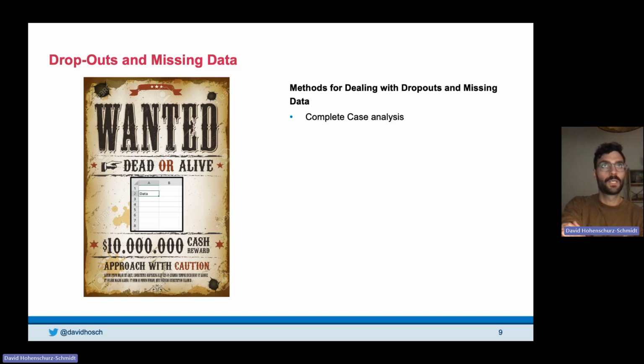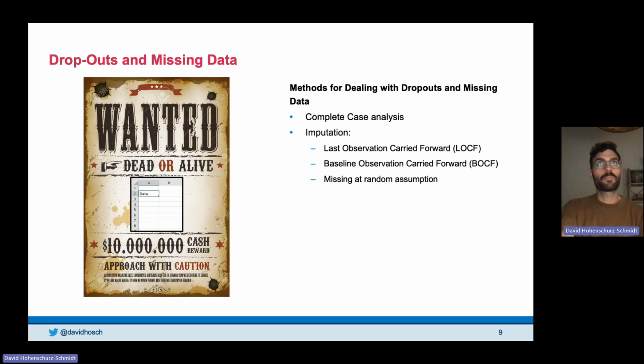There are imputation methods. That means you're replacing the data that you've lost with something else. There are different ways of doing that. There's last observation carried forward. So the last data point that a particular participant has provided will be carried forward, so will be used to replace all the subsequent missing values.